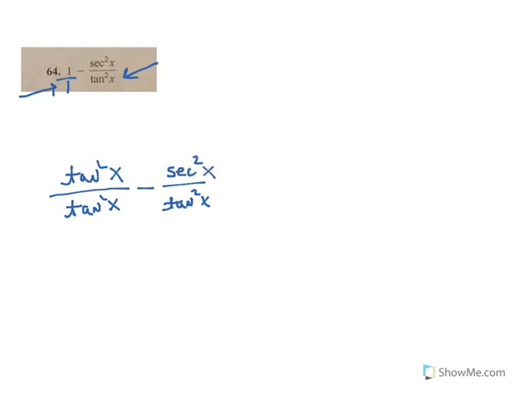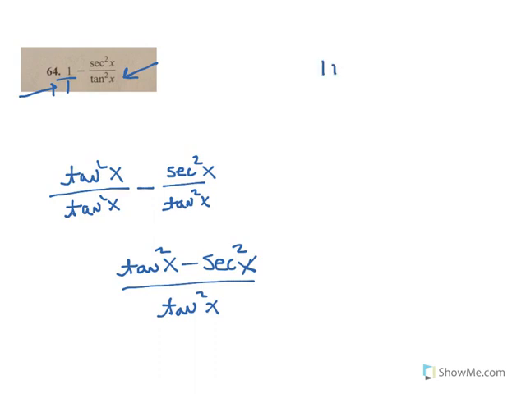And then we can go ahead and put our two fractions together, so it's going to be tangent squared minus secant squared all over tangent squared. And tangent squared minus secant squared, that is one of our Pythagorean identities, so we know 1 plus tangent squared is equal to secant squared.